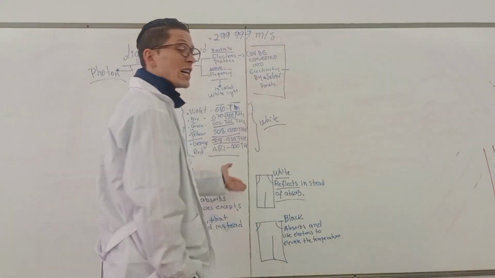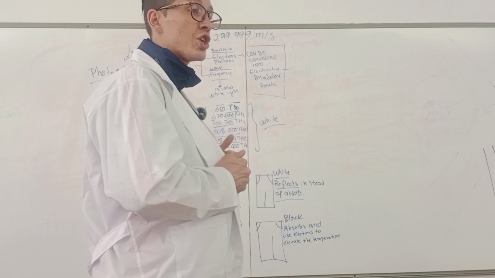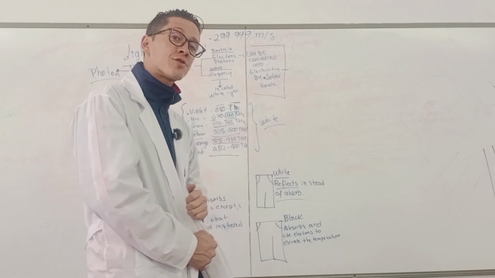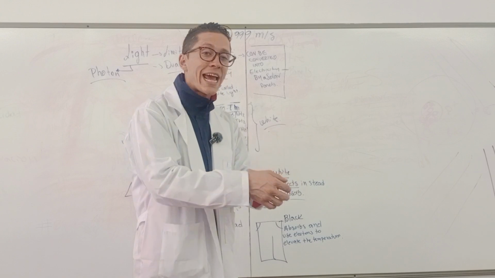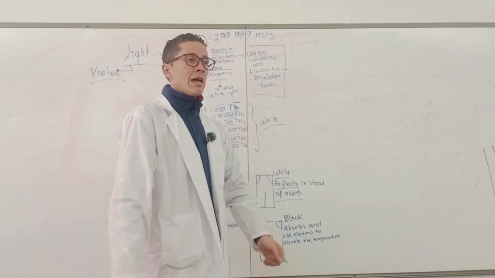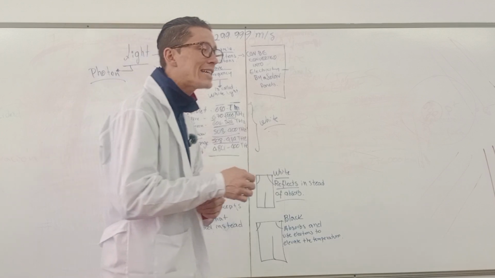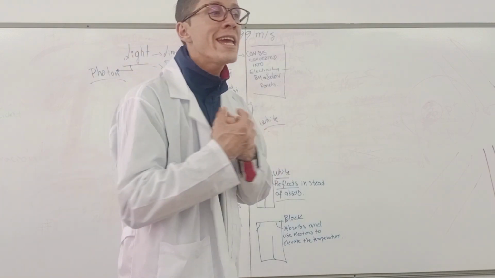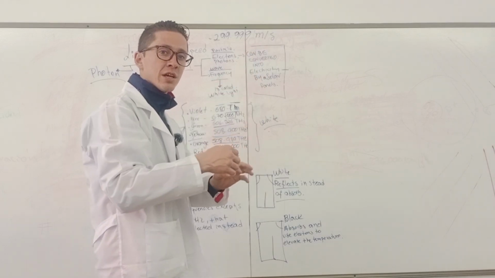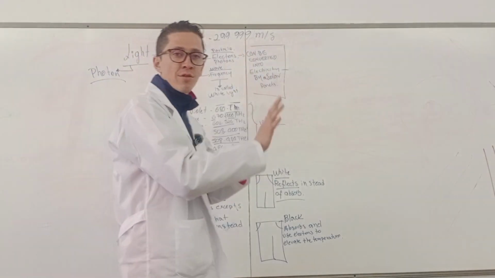White. That's why when you are on the beach, you are using white colors. Why? Because those colors don't get warm, don't get heated. They don't elevate the temperature, right? They reflect the energy, just like a mirror.